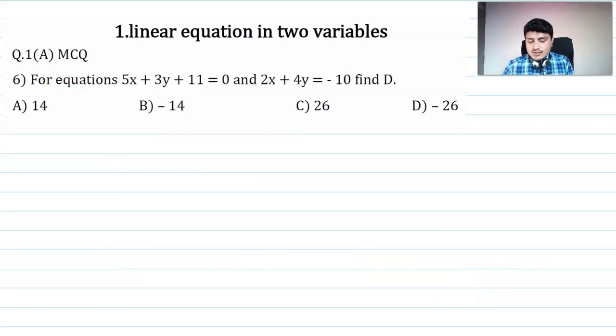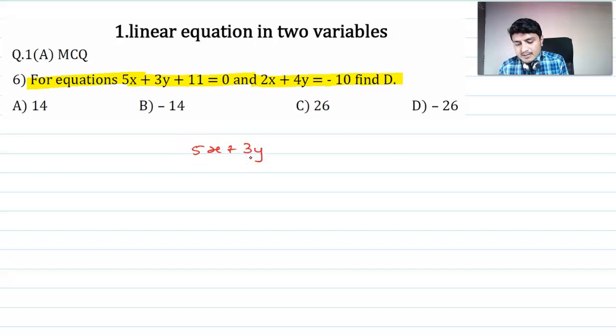Look at the sixth MCQ. For the equations 5x plus 3y plus 11 equals to 0 and 2x plus 4y equals to minus 10, find D. Now we have been given linear equations in two variables. That means the two equations together form simultaneous linear equations in two variables. First equation is of the form 5x plus 3y plus 11 equals to 0.